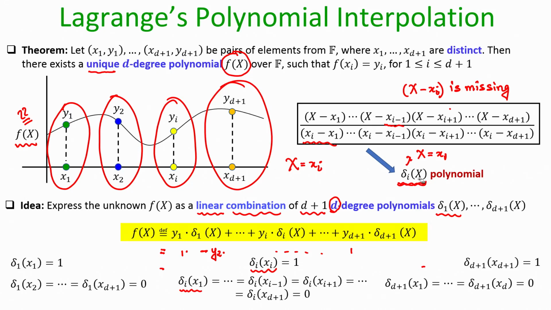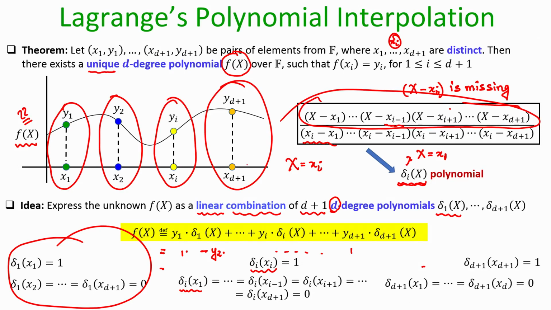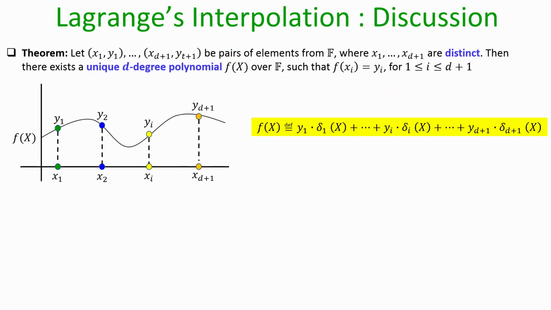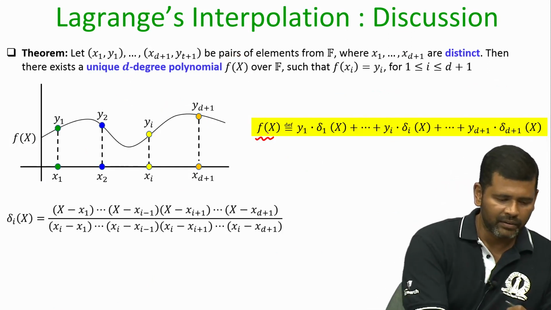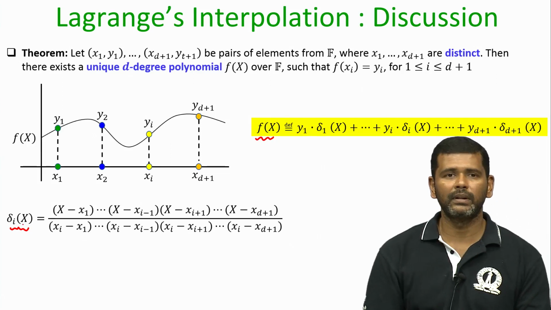So, there is nothing to memorize here, you just need to remember this property that delta I x has the property that all the elements except the ith x element should be root, and that is possible if you write all these product terms in the numerator. And to ensure that this delta I polynomial takes the value 1 at x equal to x I, you write down the corresponding differences in the denominator, as simple as that, right. So, this is your Lagrange interpolation, and this is the general form of your delta I x polynomial.